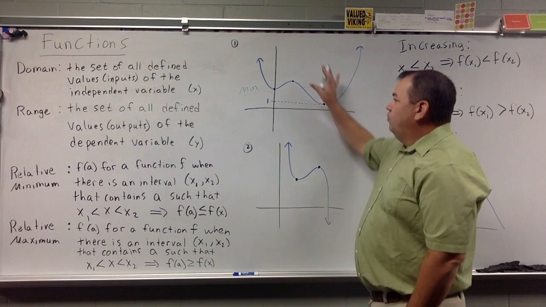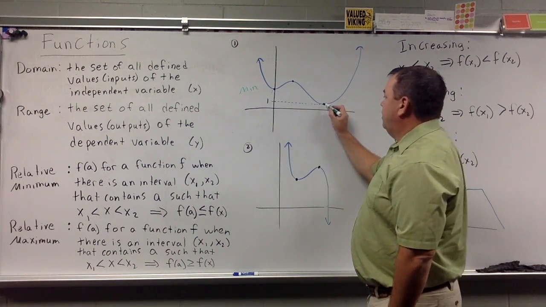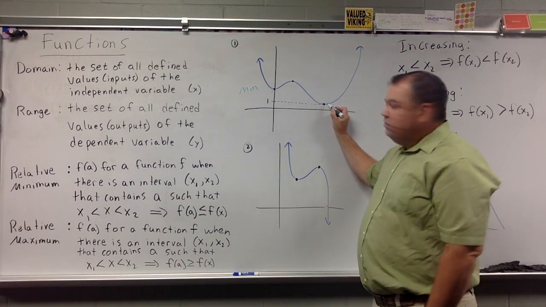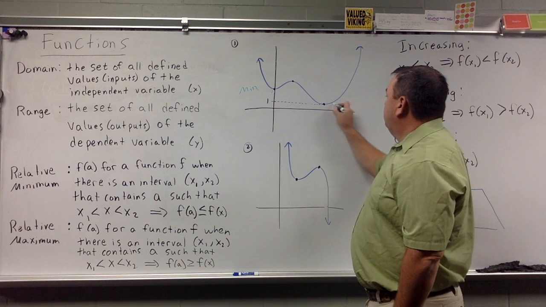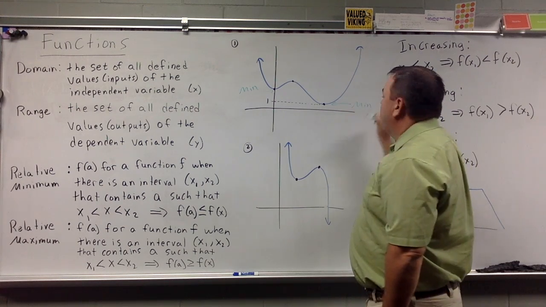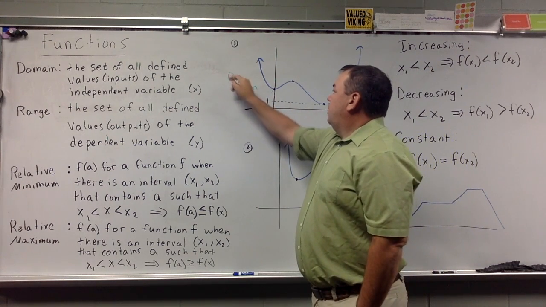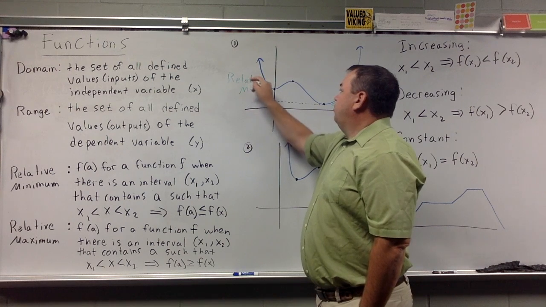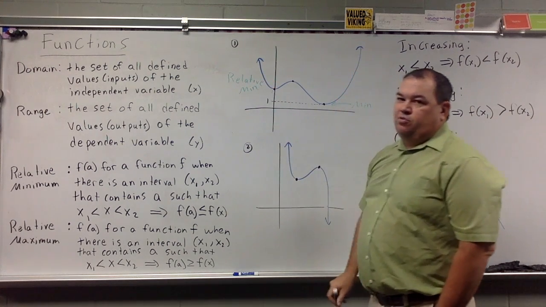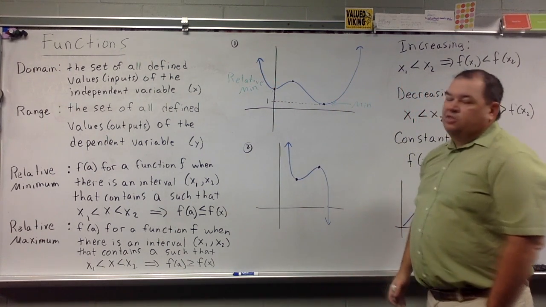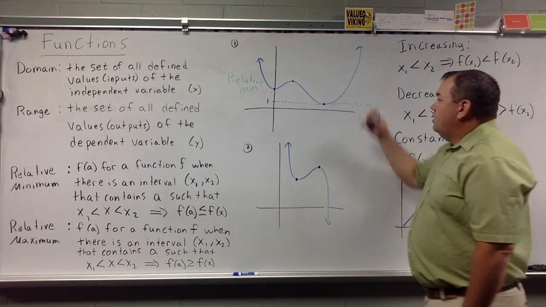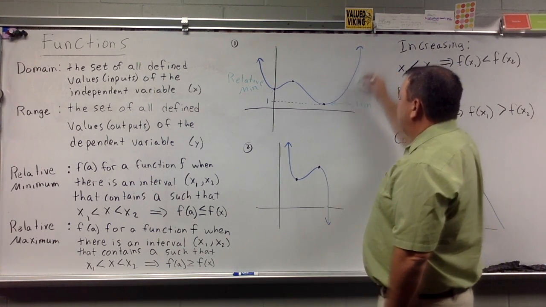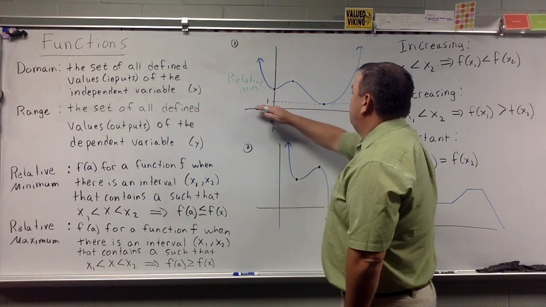Now, it is not the overall minimum because there's another valley over here. This is also a minimum, but it is a different kind of minimum. This first one is called a relative minimum because relative to everybody else around, that is the smallest value. This one over here, this is where this whole function bottoms out.